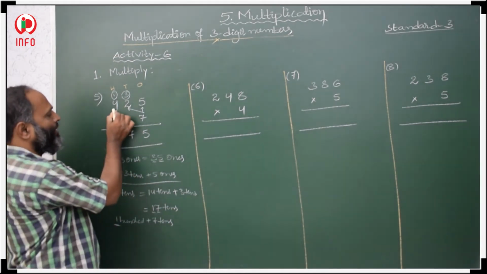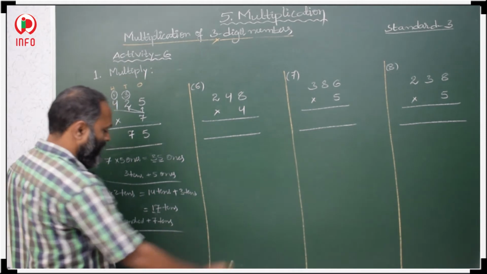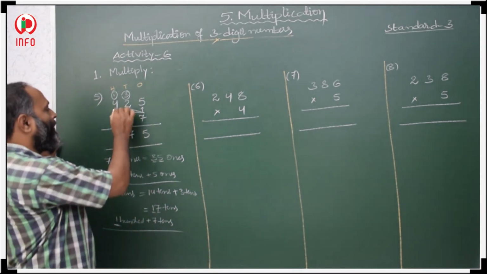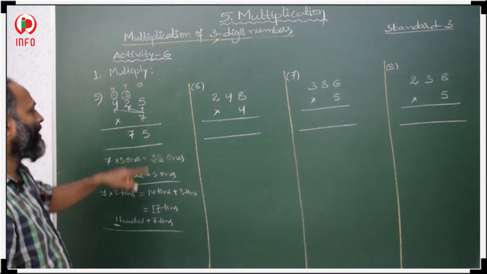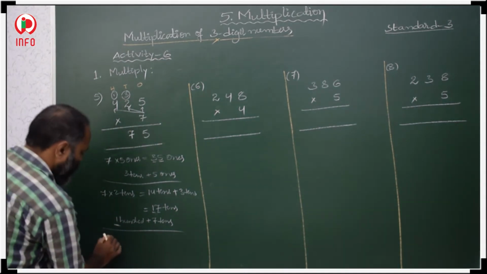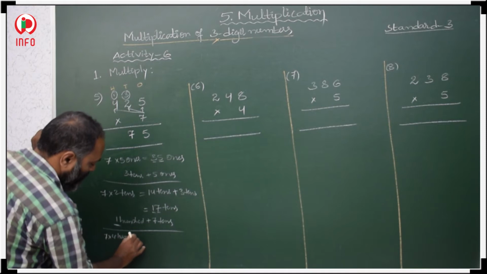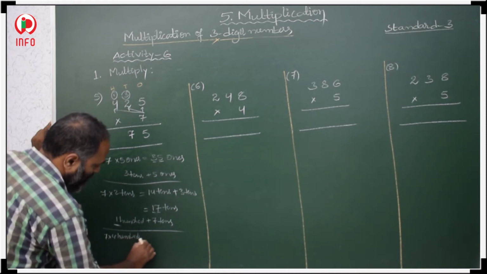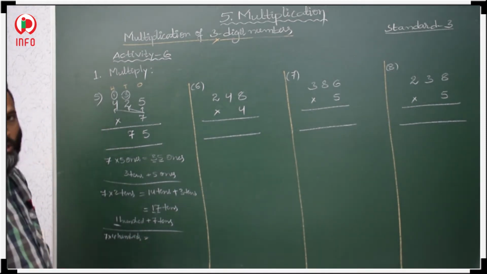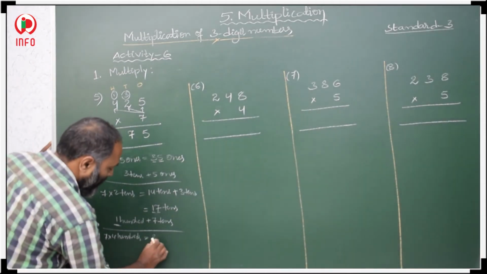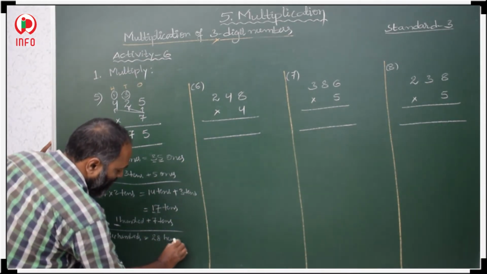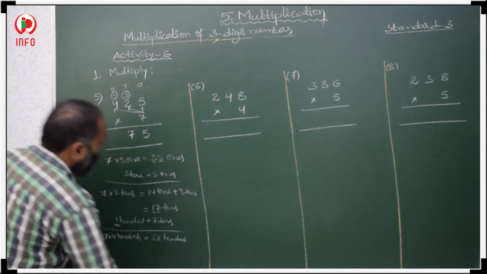Then multiplication with tens is over. After that we multiply with hundreds place. 7 with 400, 7 4s are 28, 2800.